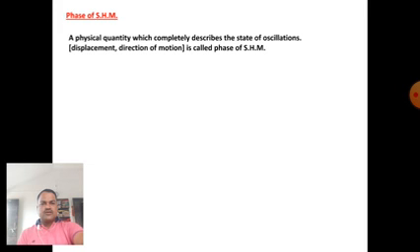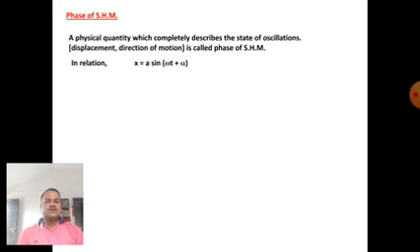Now the phase of SHM. In the displacement equation x is equal to a sin(omega t plus alpha), omega t plus alpha is called the phase of SHM. What does the phase of SHM denote? It denotes the description of the state of oscillation.